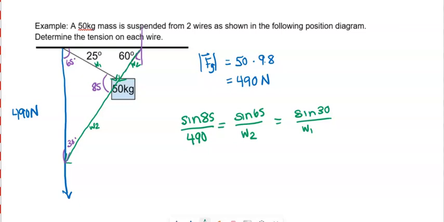And when I sort this out, wire 1 has a resultant force of 245. This is just cross multiply and divide. Wire 2 has a resultant force of 446 newtons.